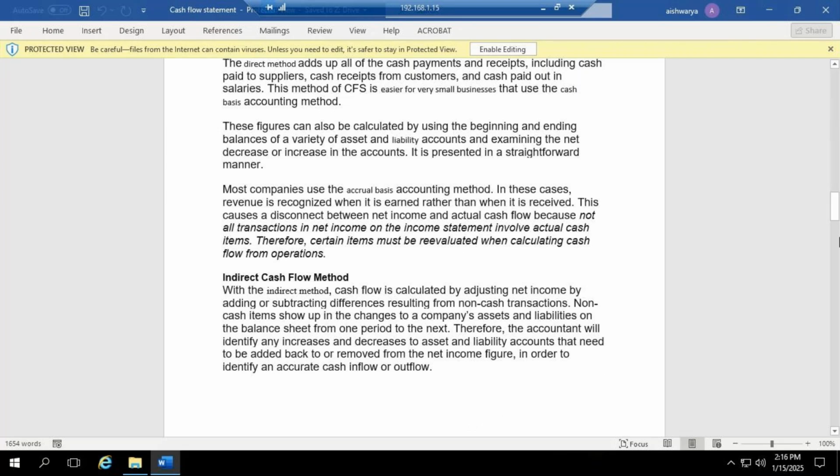So I want you to write down, just make two points. There are two methods of cash flow statement, that means the direct method and the indirect method.